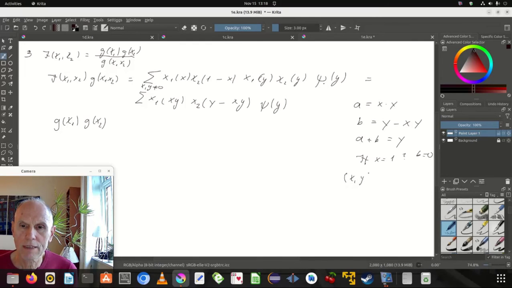So we map x plus y to x times y, point x plus y. Is it 1-to-1? That's basically my question. And what is the range?